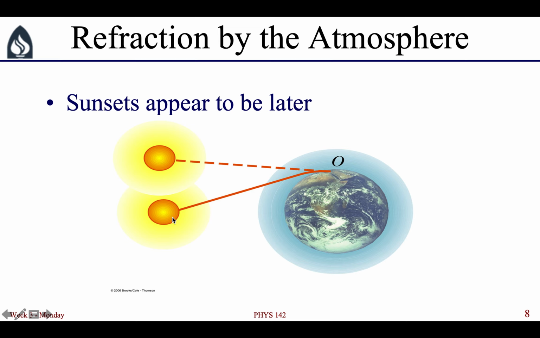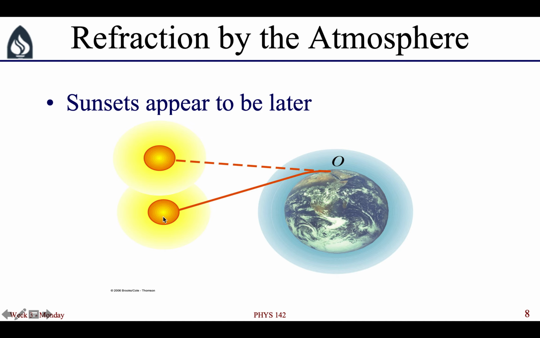The sun can be at one location and it can actually be below the horizon, but as the light from the sun travels through the atmosphere of the Earth, the thickness of the atmosphere and therefore the index of refraction of the air increases as you move towards the surface of the Earth, so that the light is bent by that refraction, that increasing refractive index, and as a result the light appears to be coming from a different location.